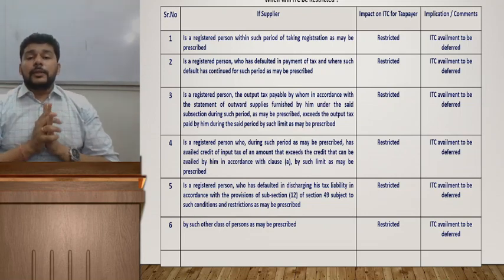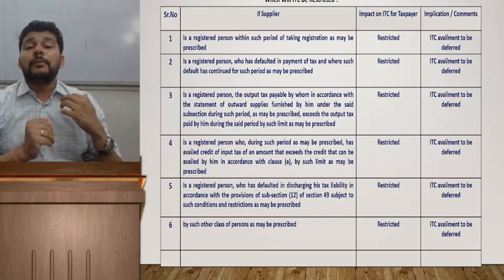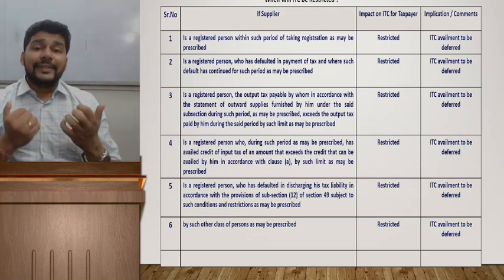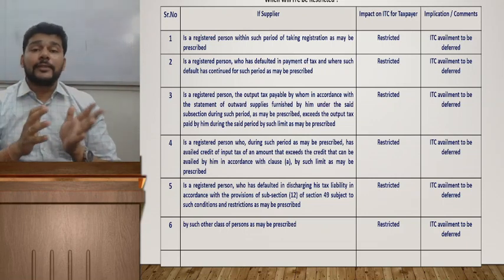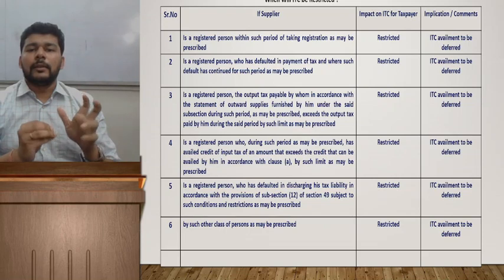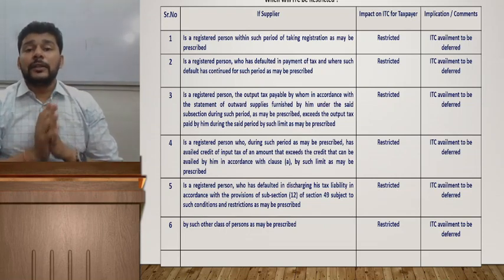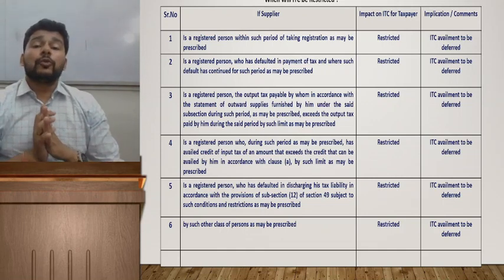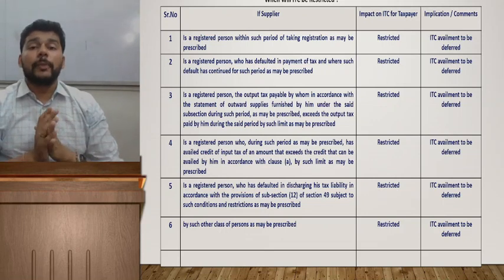Next, if the supplier is a registered person whose output tax payable in accordance with the statements of outward supplies is more than what he has actually paid. If he has paid through his GSTR-3B, let's suppose, a tax of rupees 1 lakh, but his furnished statements reflect that he should have been paying tax on rupees 1,20,000 and not rupees 1 lakh, that means he has short paid the tax.